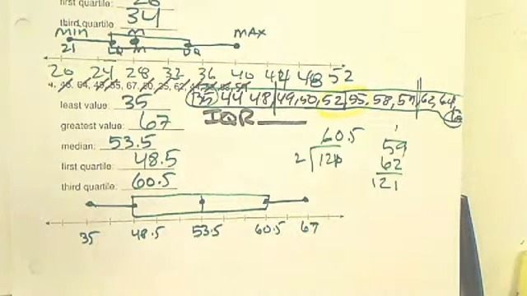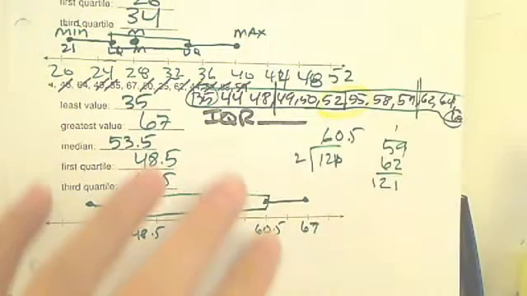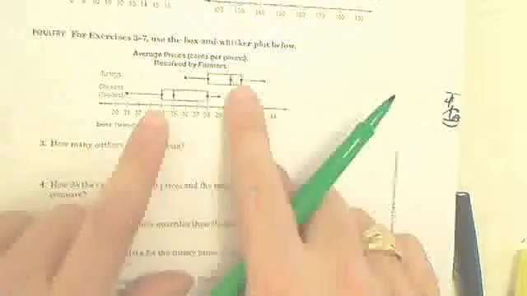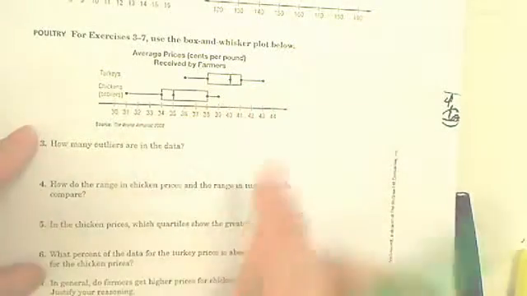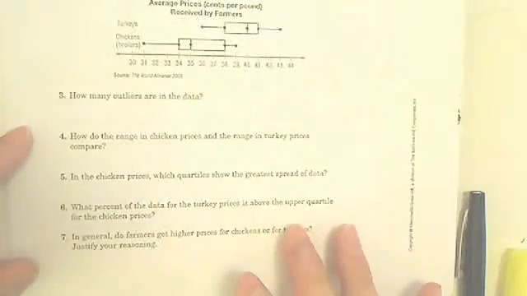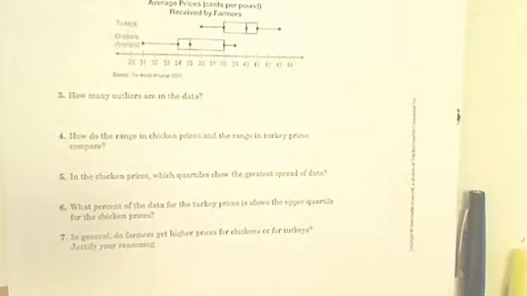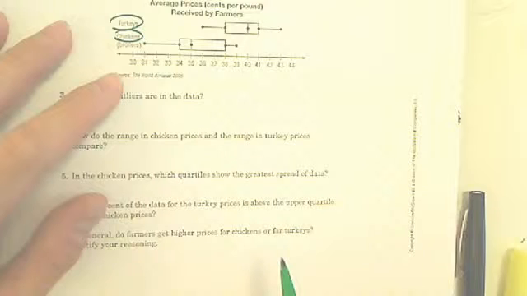Really easy tonight. On your homework tonight, all you do is make a box and whisker. Look at your homework here. You have 7 problems in the front. You have turkeys and chickens.